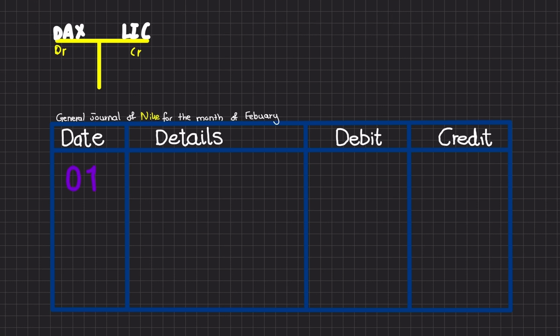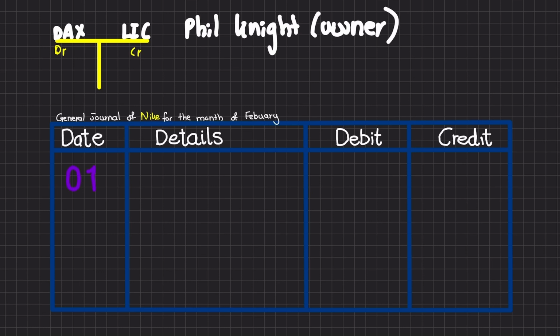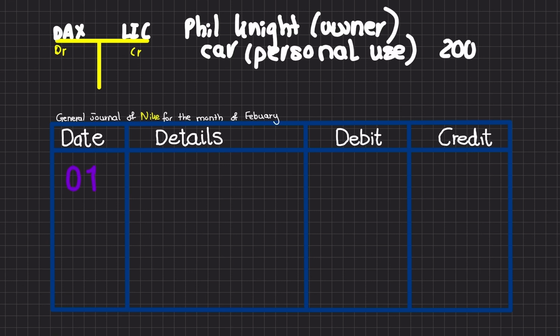Now, if we then go to this last example, which says that Fortnite, the owner, he bought a car for personal use. And let's say it cost 200,000.